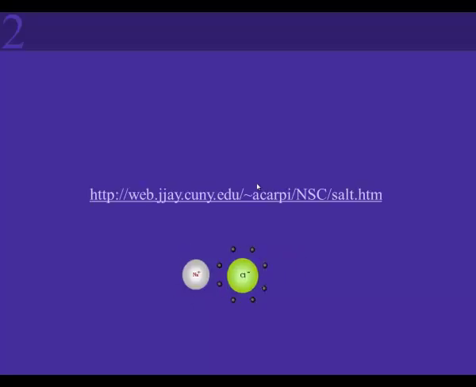When it does that, the sodium ends up with a net positive charge. If you look at this really quickly, you'll see that right after the electron leaves the sodium atom, there's a positive charge on that sodium atom, and because the chlorine atom now has an extra electron, it has a net negative charge. So the ionic bond is forming as a result of the attraction of this positive ion, which we call a cation, to the negative ion, which is called an anion.